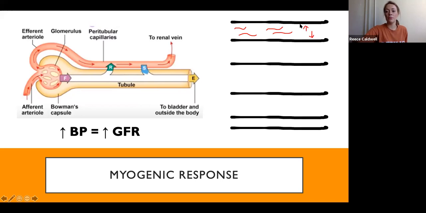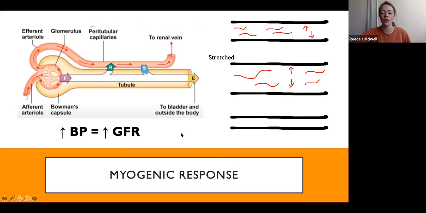We have our regular blood vessels, but once we increase that pressure, the afferent arteriole will detect that. It will detect that we're sending more blood through those vessels, through the afferent arteriole at the capillary bed of the glomeruli. And what it will do is cause the vessels to stretch. So the vessels stretch whenever we increase blood pressure.